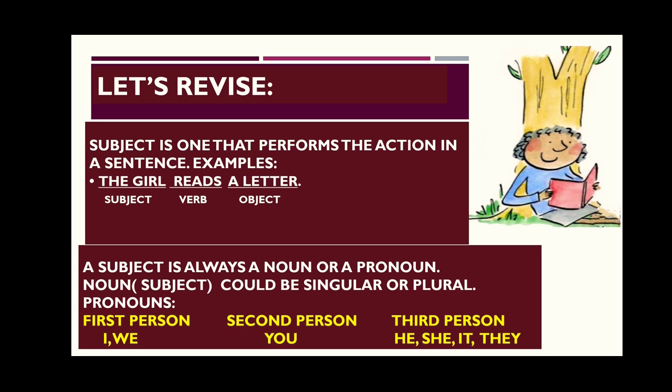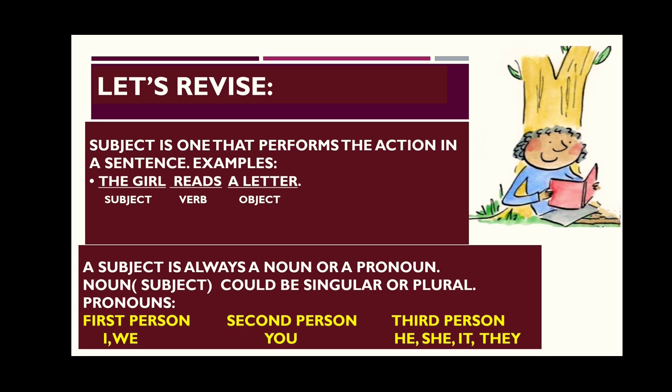Now you have to remember one more thing, that a subject is always a noun or a pronoun. A noun is a naming word, and a noun could be a subject. It is always singular or plural in number. Singular means one, and plural means more than one.